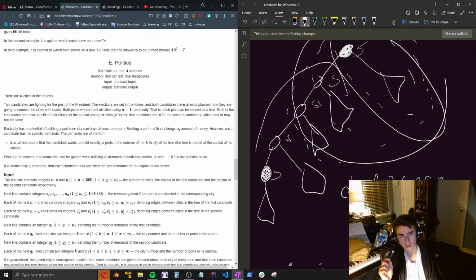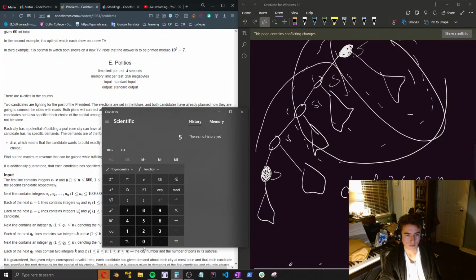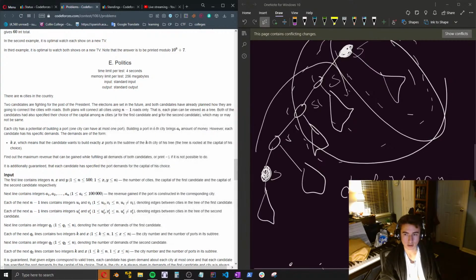Maybe this DP would work. Well, of course there's not going to be enough space for 500 cubed, right? What is 500 cubed? It's like 125 million.